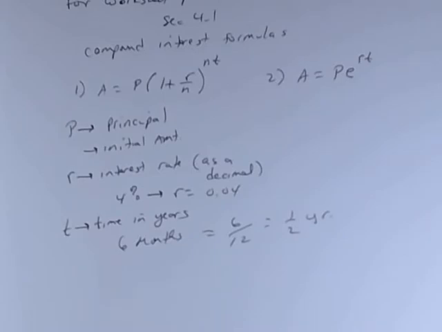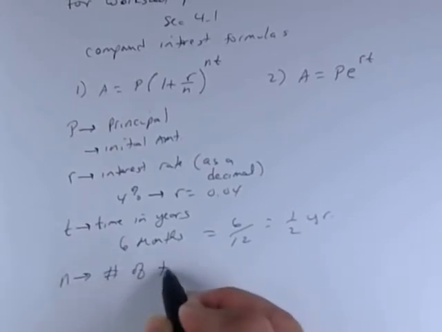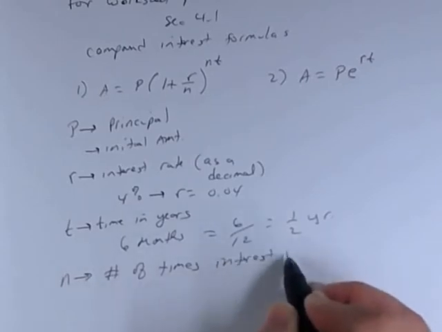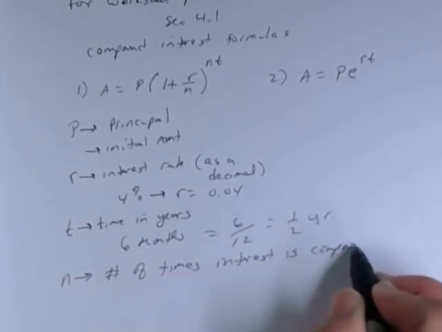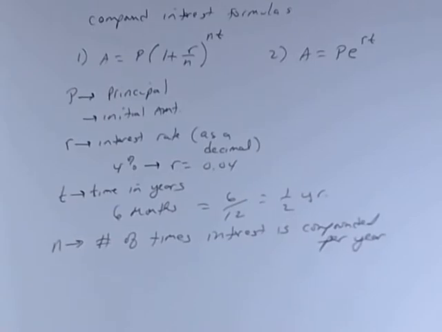And N is the number of times the interest is compounded per year. So interest is earning interest.